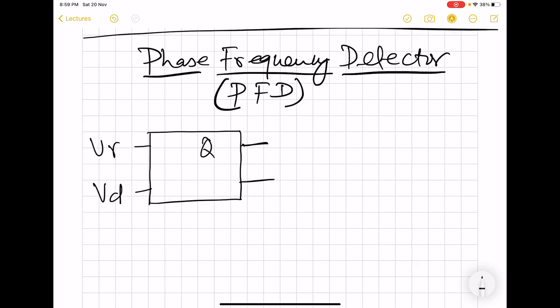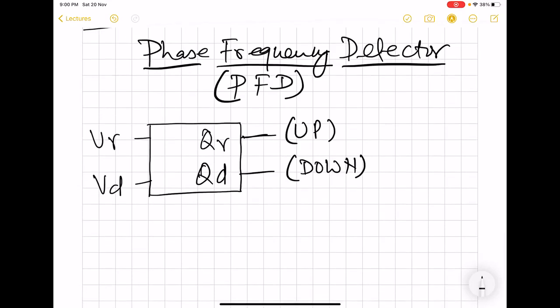But here we have two outputs as well, and both these outputs are used together to find the voltage which will ultimately be fed to the VCO for reducing the phase error between these two input signals. The first output is called the up output, and the second is called the down output also. We will talk about why we have these two designations for these two outputs.